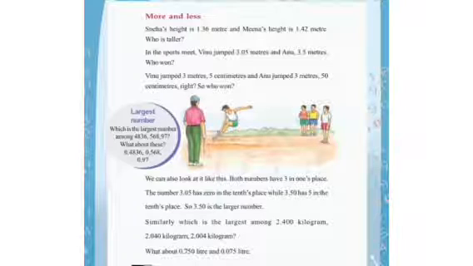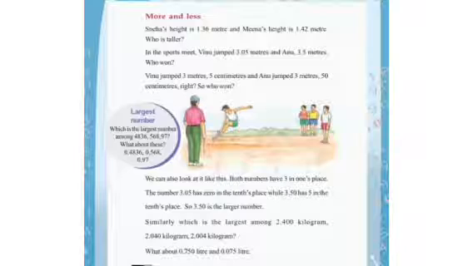In the sports meet, Vinu jumped 3.05 meters and Anu 3.5 meters. Who won? In this situation, the two values look the same, 3.05 and 3.5. They resemble each other, but the values are not the same.